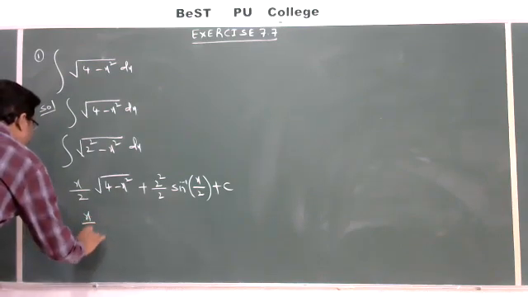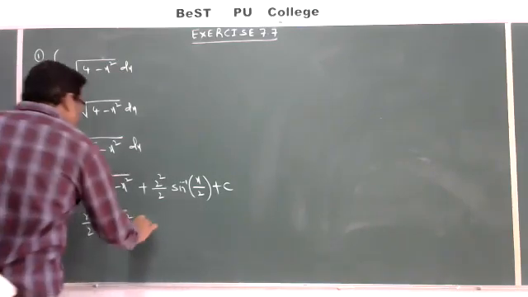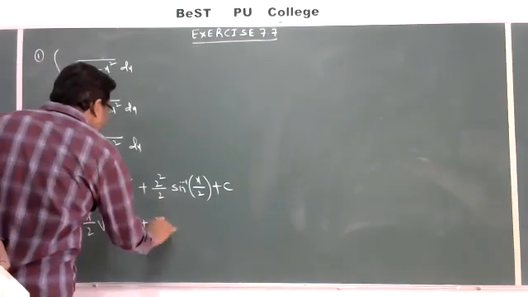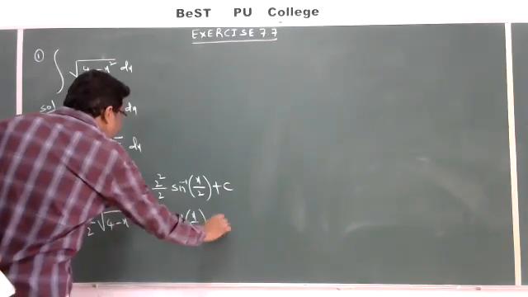That is x by 2 into root of 4 minus x square plus, here 4 by 2 is 2, sin inverse x by 2 plus c.